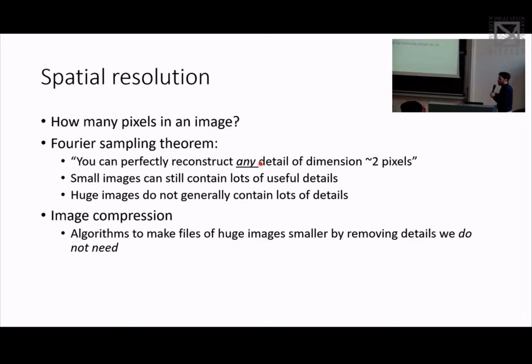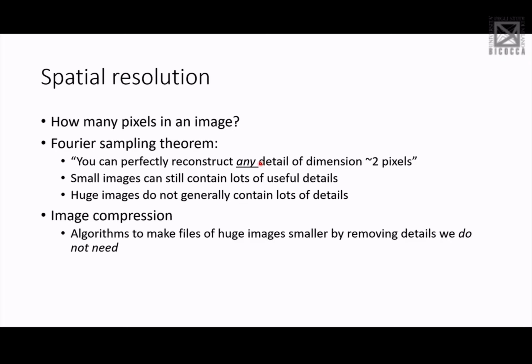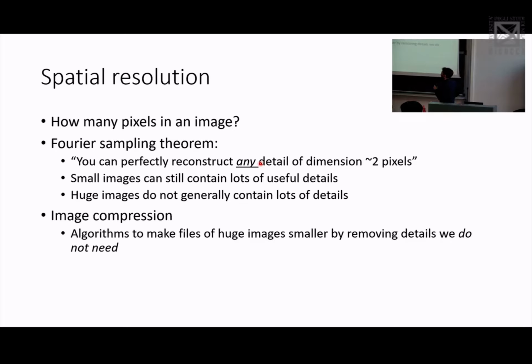And there is also the field of image compression, which we will introduce here very quickly, which is another strategy to make huge files smaller by removing details that we do not need. And we will need to talk a bit about what we mean by we don't need that.